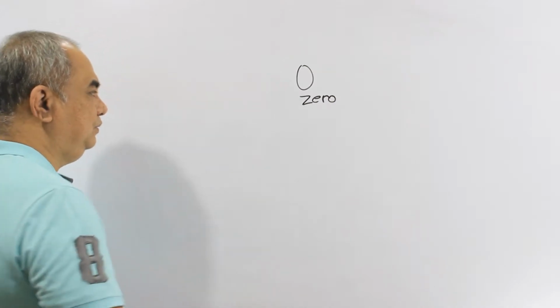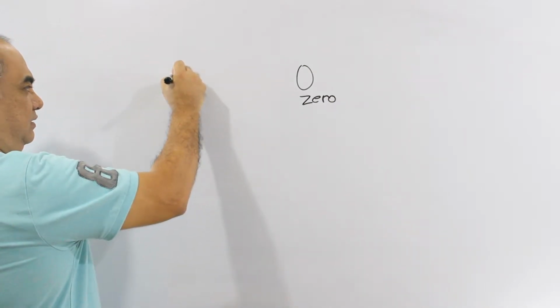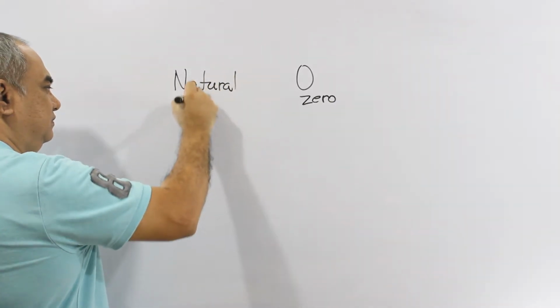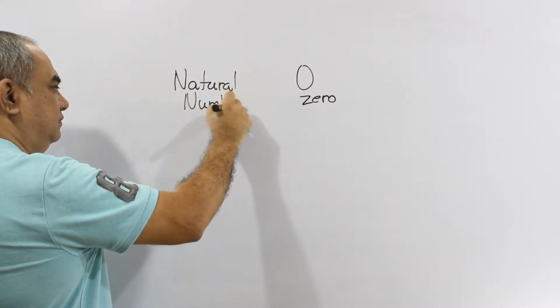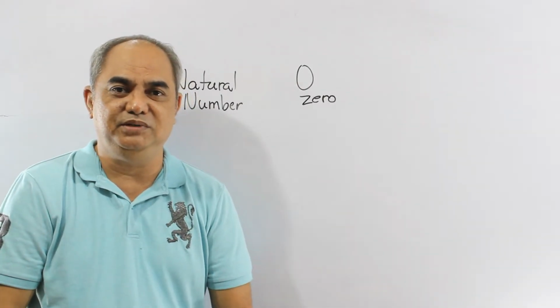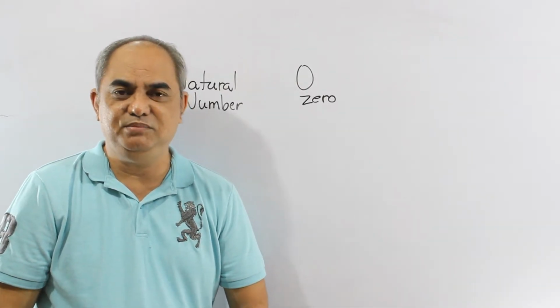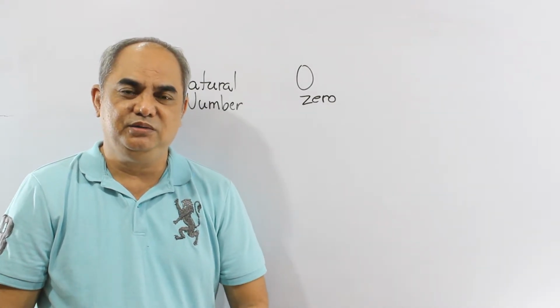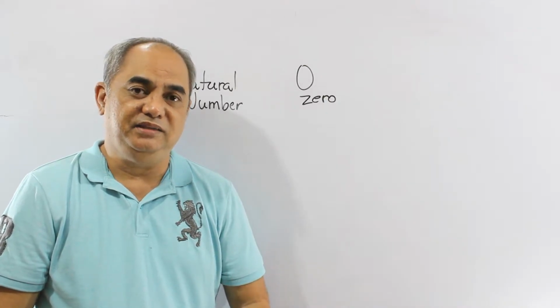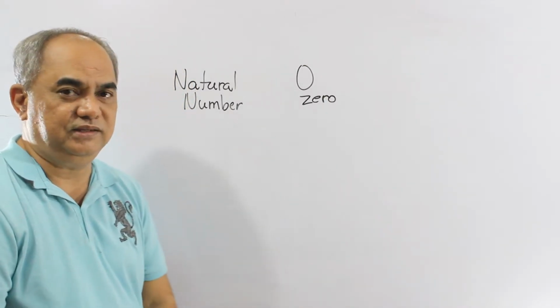After 0, we have what we call the natural numbers. Natural numbers are also called positive numbers or counting numbers simply because they are used to designate the numbers that we need to count or identify, the quantity.